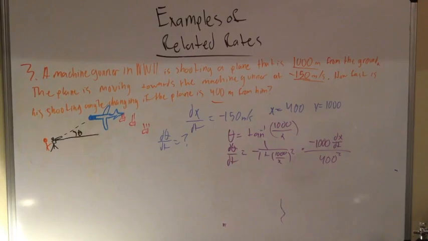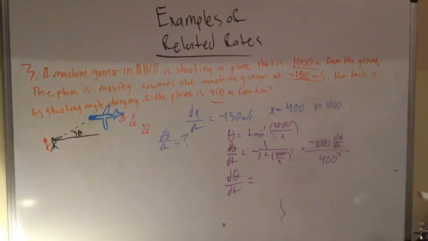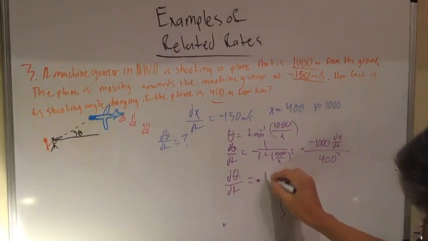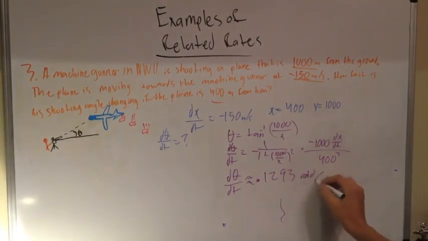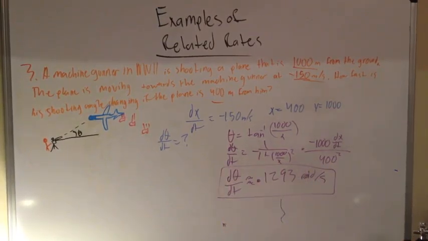So if we substitute all our values in and solve for d theta/dt, we get approximately 0.1293 radians per second. So his shooting angle is changing at the rate of 0.1293 radians per second.